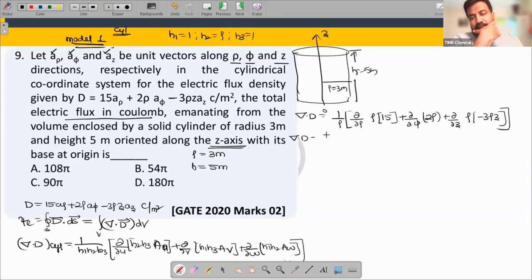Del dot D is 1 by rho times dou by dou rho of rho times 15, which gives 15. Dou by dou rho of rho is 1, plus dou by dou phi of 2 rho is 0, minus 3 rho square.